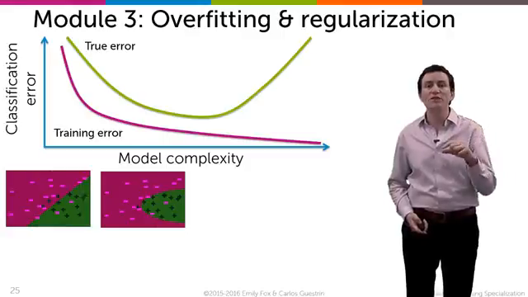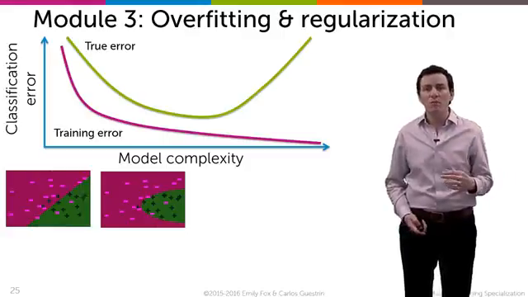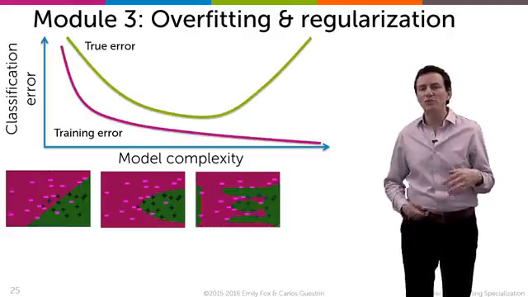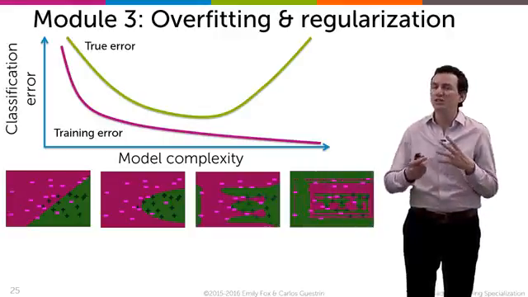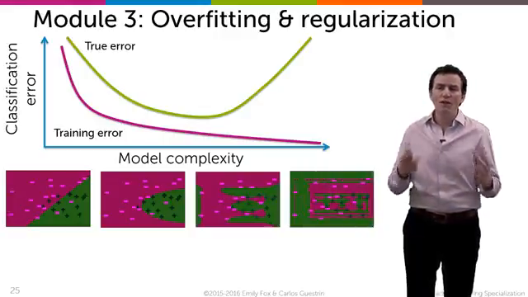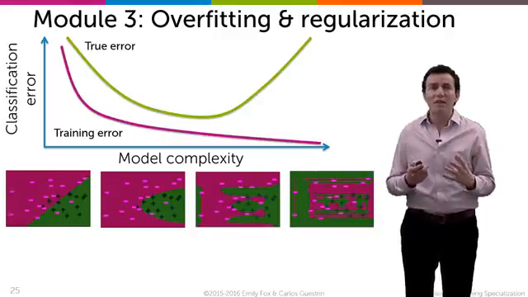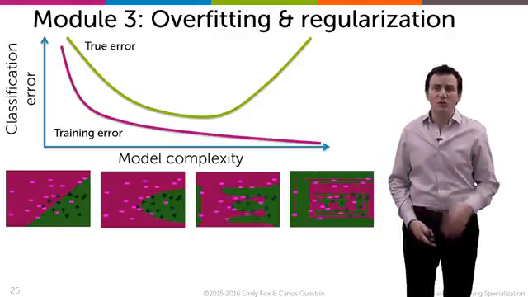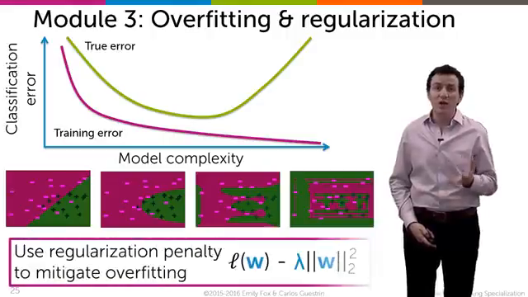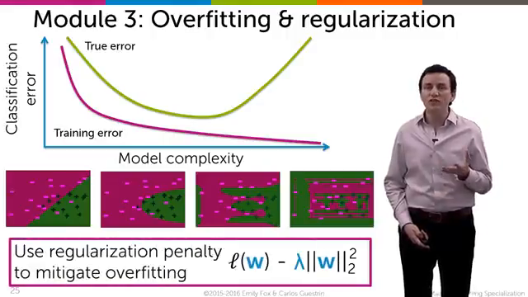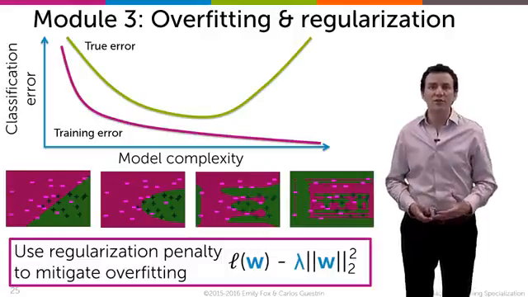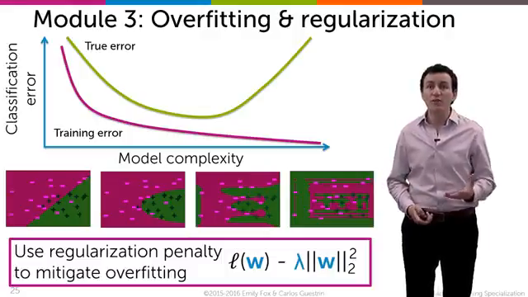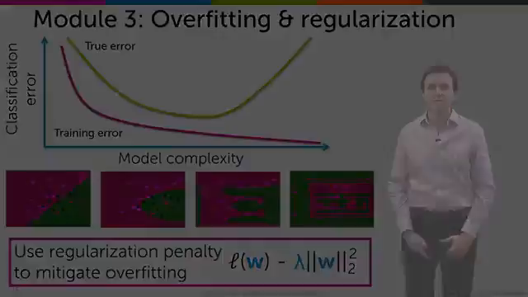Then maybe it will become a curve or parabola that fits the data pretty well. But as we make the model too complex, we end up with crazy decision boundaries. And eventually the last one here, you see that's really fitting the data way too well in a really kind of unbelievable way. So we'll see these amazing visualizations, and we'll address this issue by introducing regularization in a very similar way that we did with linear regression in the previous course. And that will be the focus of the third module.